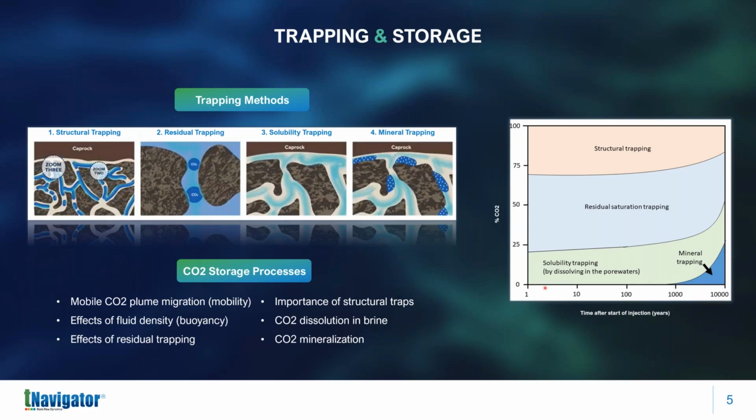The next one is solubility trapping, when CO2 dissolves into saline brine. And the next one is mineral trapping, which takes much more time. At this stage, trapped CO2 reacts with the surrounding rock and is mineralized. At different stages, they all can be modeled in tNavigator as well.